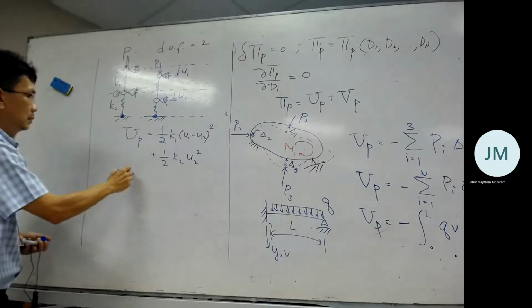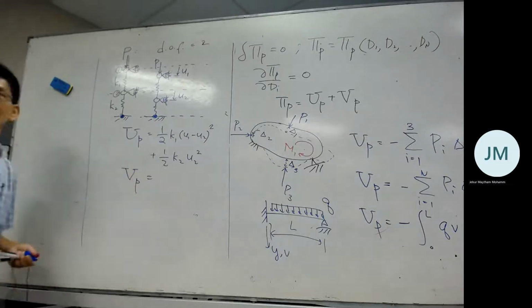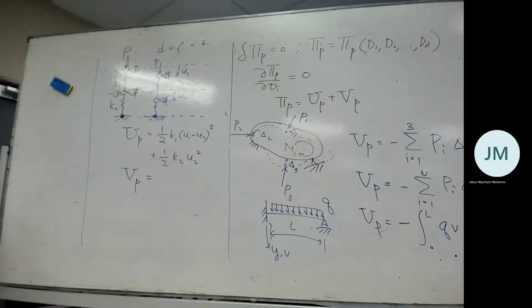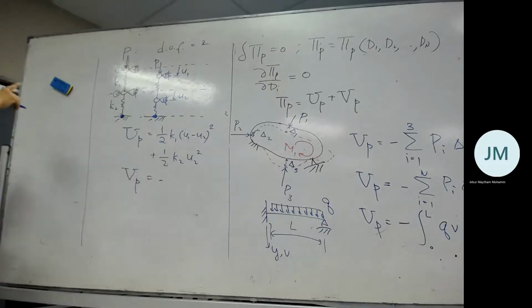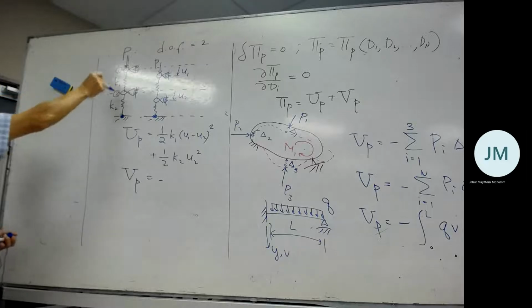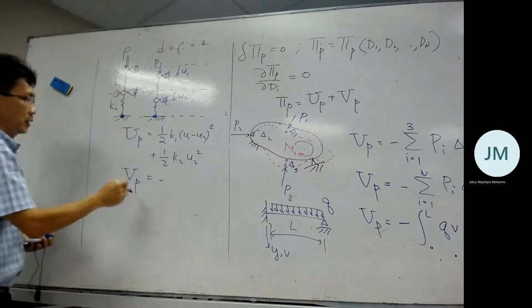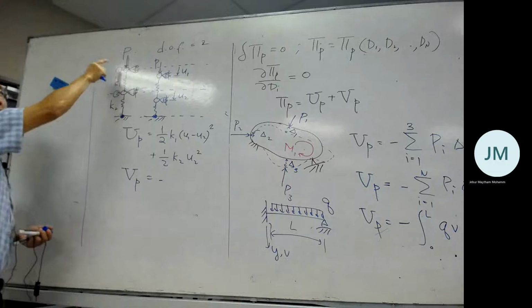So next is the potential energy of the external load. According to the definition, you must have a negative. Look at the external load that we have. We have it at 1 only, there's nothing at 2. So the potential energy is caused by this external load at 1 only.